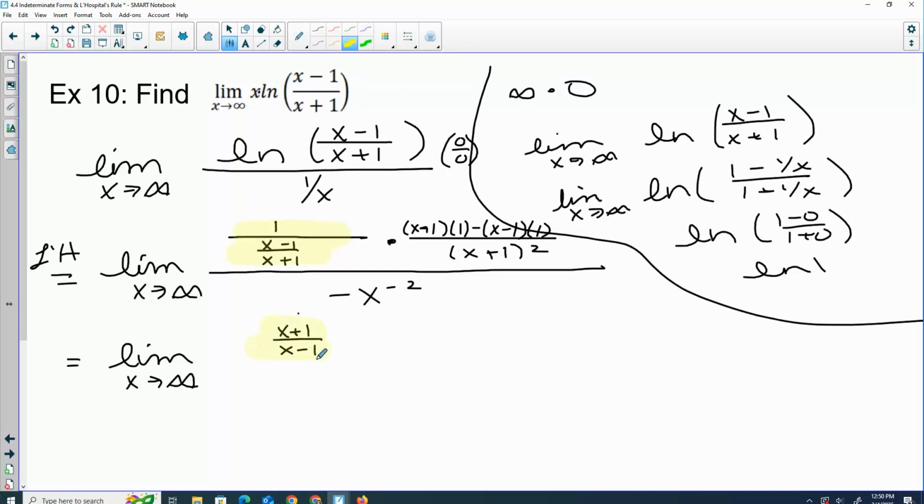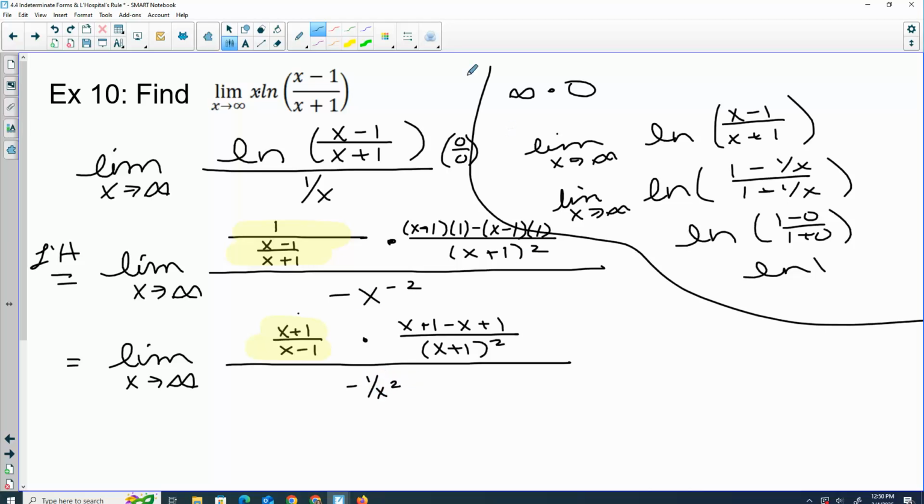So this turns into that times the derivative. If I multiply this out, we get x plus 1 minus x plus 1, which is 2. Negative x to the negative 2 is negative 1 over x squared.